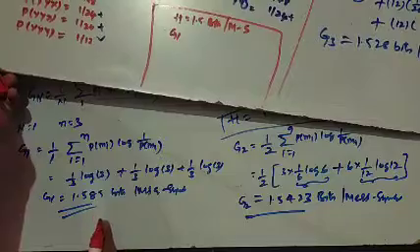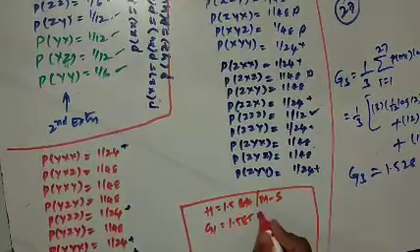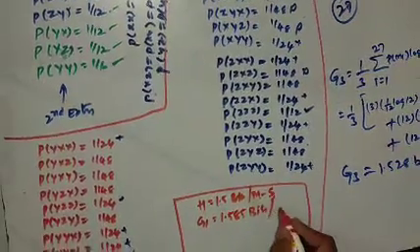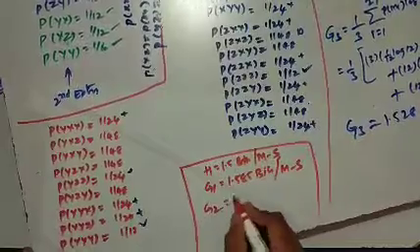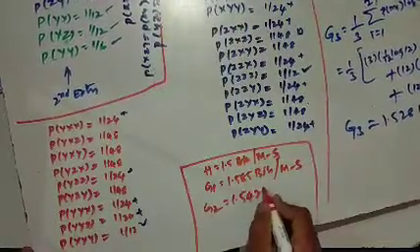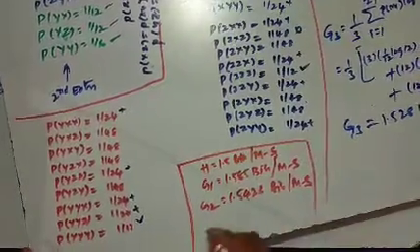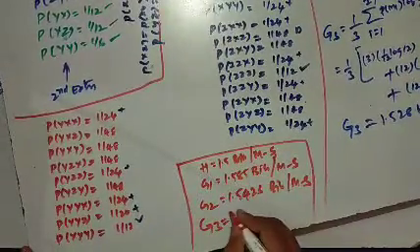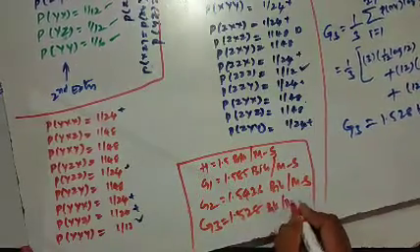G1 we have just found is 1.585 bits per message symbol. G2 is 1.5423 bits per message symbol. G3 we just found is 1.528 bits per message symbol.